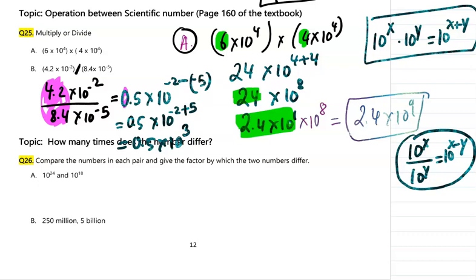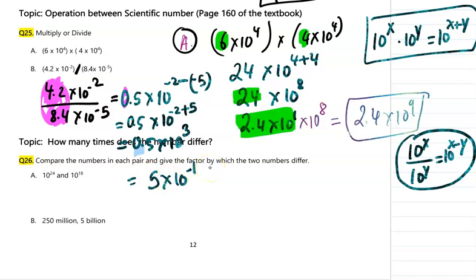But notice that this is not scientific notation. 0.5 is not scientific, because the coefficient is not between 1 and 10. So I have to change this 0.5 to scientific form. This is the same as 5 times 10 to the power negative 1.